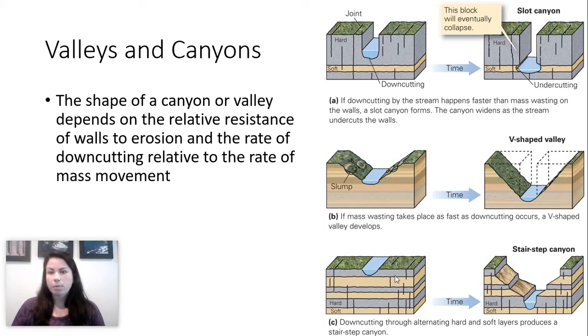In areas where we have a combination of these two, with different layers of soft and hard sediment or rock, they erode at different rates. So we might see something like a stair step, where the softer sediments get more eroded than the harder sediments. It's not as uniform as a V shape. Instead, it's more like a stair step.